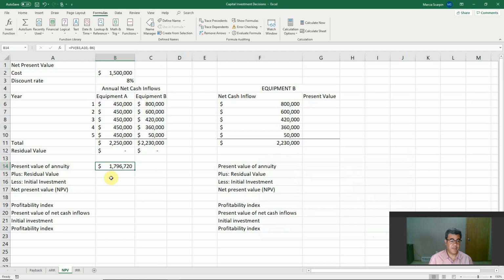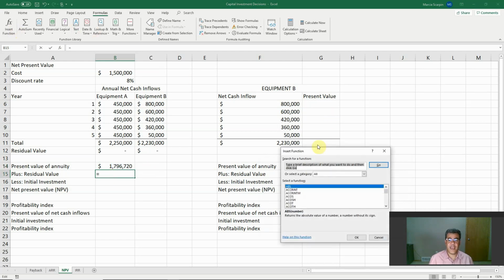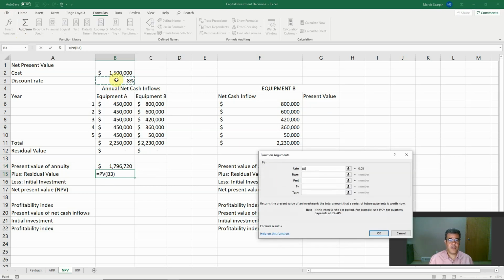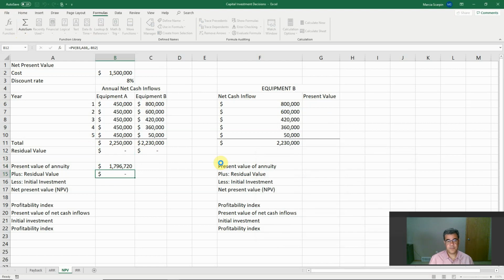Yes, 1.8. And then our residual value uses the same formula. So let's go here, most recently used, PV, rate 8%, number of periods 5, PMT nothing, FV negative residual value. Nothing. Okay, now the formula is easier. If you want to change the numbers here, it's up to you.